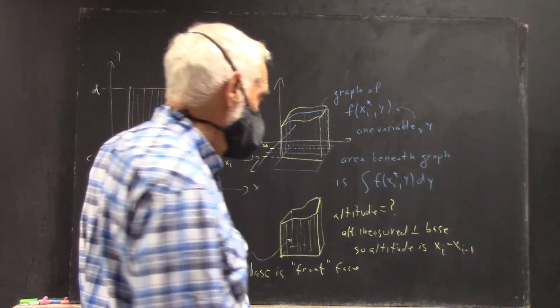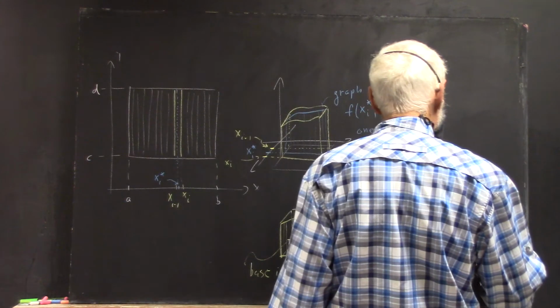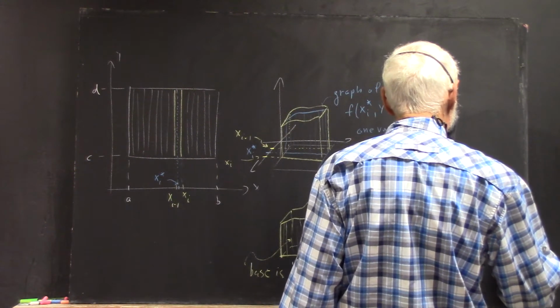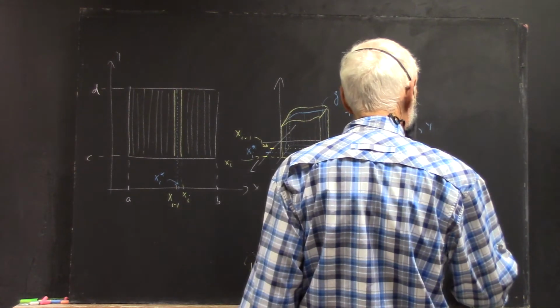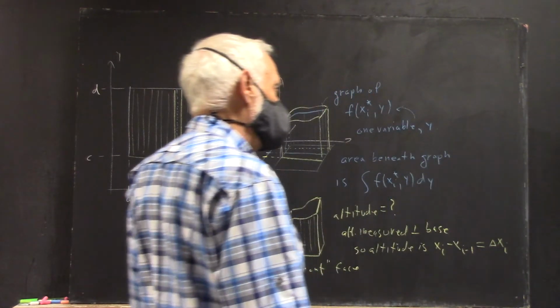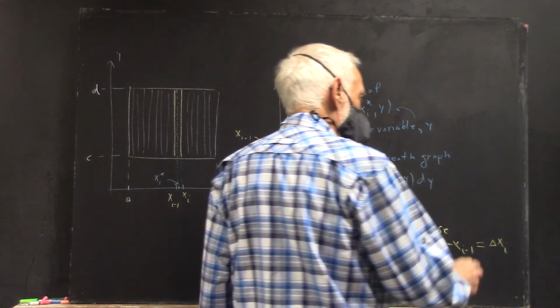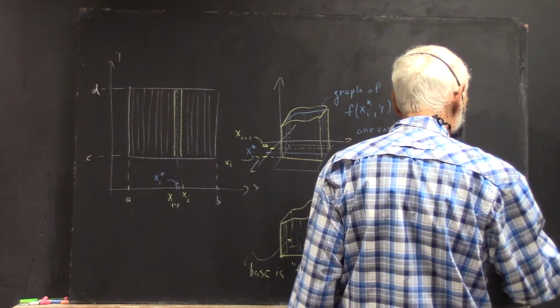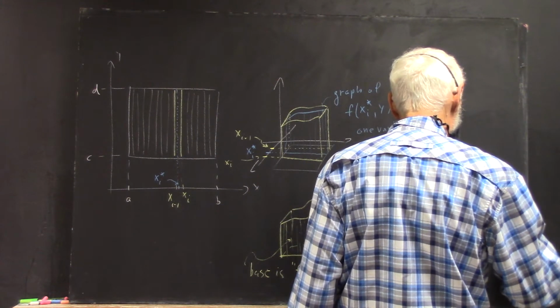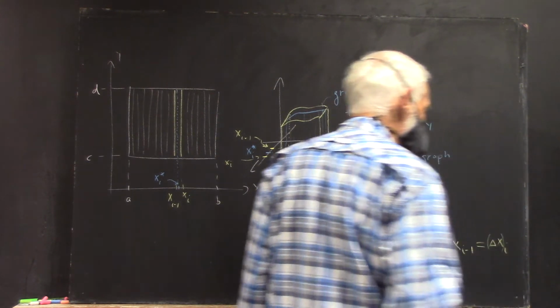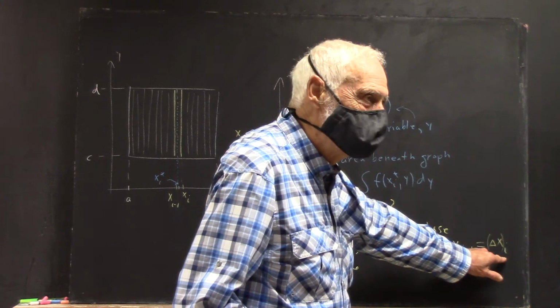Okay? So we could abbreviate that. We could define that to be delta x sub i. That doesn't mean the change in x sub i, that means a delta x for the ith interval.